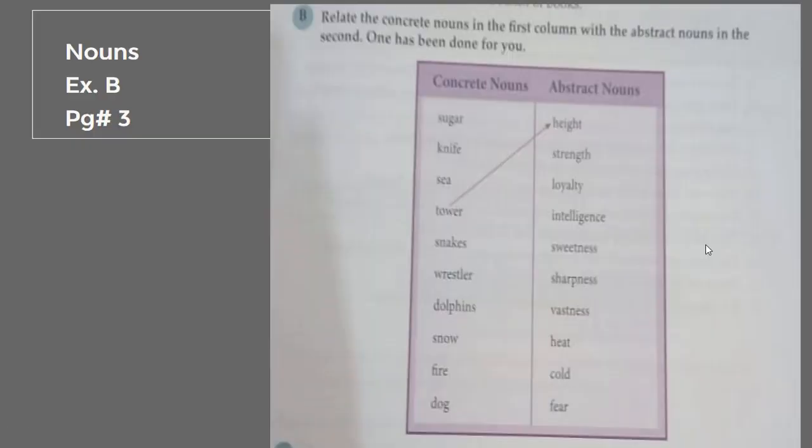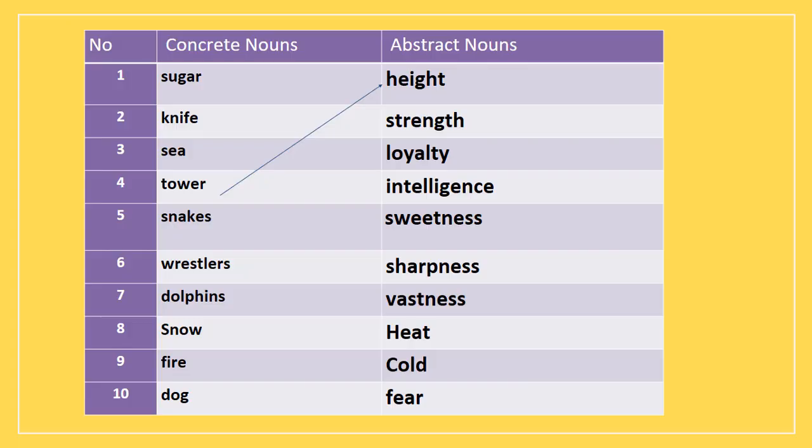Nouns, exercise B, page number 3. Relate the concrete nouns in the first column with the abstract nouns in the second. Here the first one has been done for you. Tower has been related to height. You will see in the column of abstract nouns, all the words can be perceived by senses but cannot be touched. But the concrete nouns, we can touch all these things.